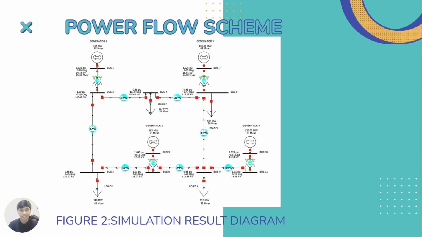For the line loading, the percentage shown in the blue circle indicates line capacity used. For example, the line between bus 9 and 11 is at 49% capacity, while others are even lower, meaning there is no risk of overheating or overloading.